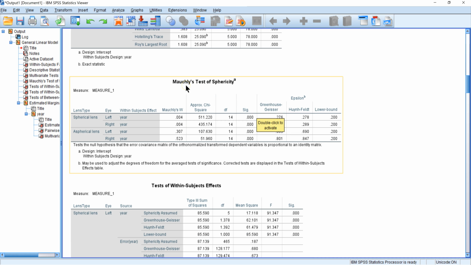Then there is this concept of Mauchly's test of sphericity. And the notion of this is that the assumption of the between subjects, the regular analysis of variance, is that the variances are equal. That's homogeneity of variance. We've seen how we've used Levene's test to check for that.